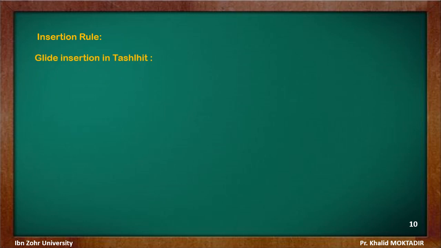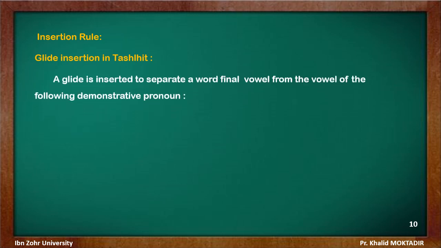We move on to insertion rules. Glide insertion in Tashlhit, if you remember, we insert a glide to separate a word's final vowel from the vowel of the following demonstrative pronoun.